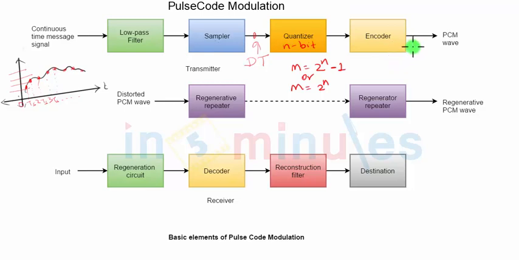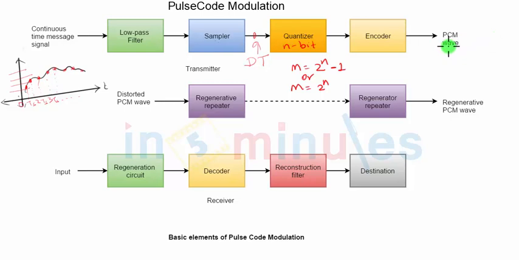Now I can also represent logic 1 using plus 5 volts and logic 0 using minus 5 volts. In this case, the representation is called polar representation of the digital signal. So we can design the encoder accordingly. We can have the encoder based on what kind of signal we want at the output of the PCM transmitter.